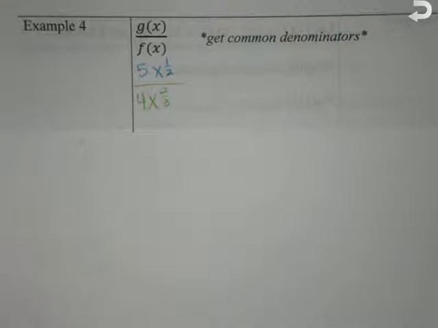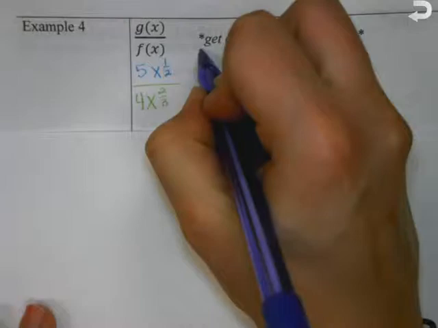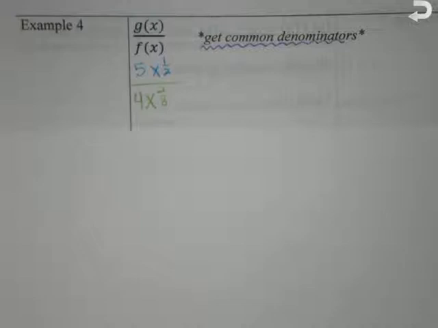Now I give you guys a hint here. It says to get common denominators. Why would I need common denominators in this problem? Well, we don't always need common denominators to divide, but let's think about it. When we're multiplying powers, we add the exponents.